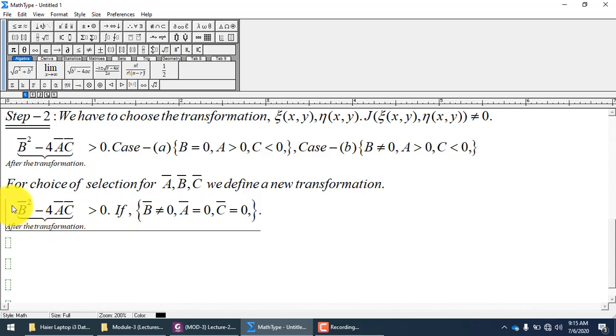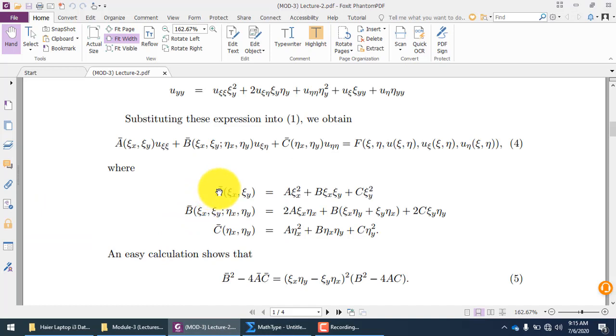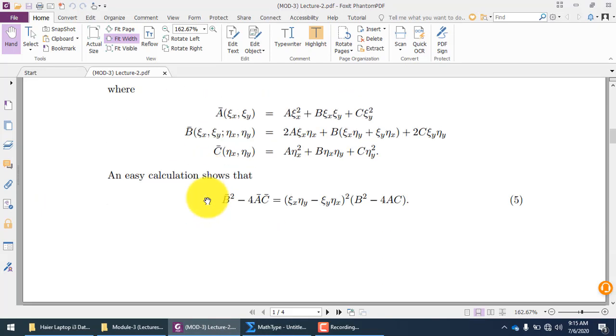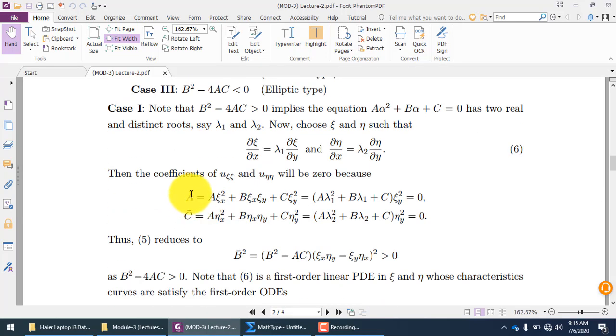In the case which I have just written there, the calculations will be much easier, and this has been taken in the lecture notes as well, that A bar equal to 0 and C bar equal to 0.